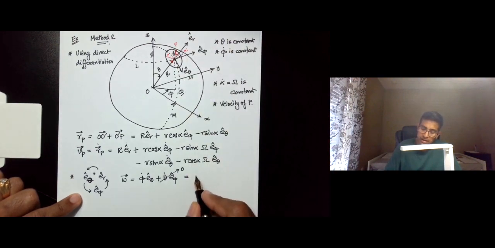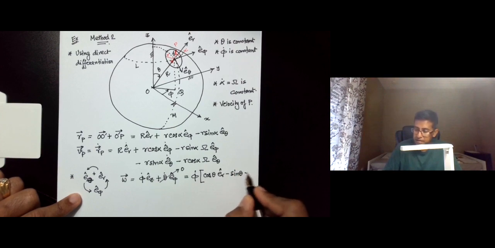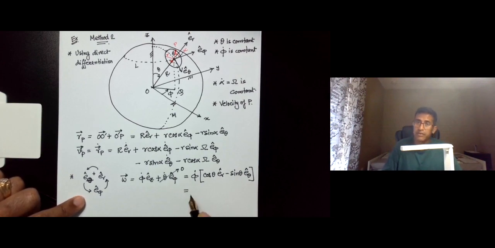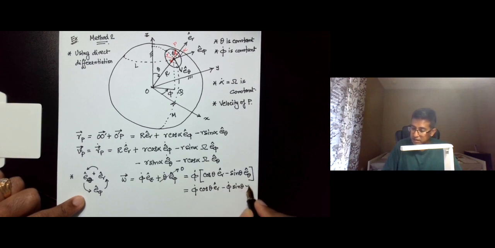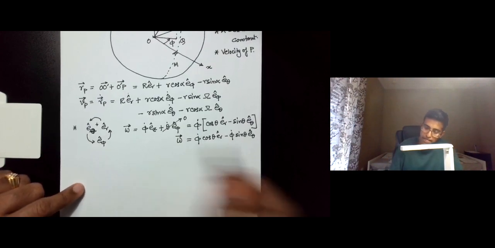So basically we have phi dot times cosine theta ER minus sine theta E theta. So then the angular velocity is phi dot cosine theta ER minus phi dot sine theta E theta. So that's our angular velocity omega.